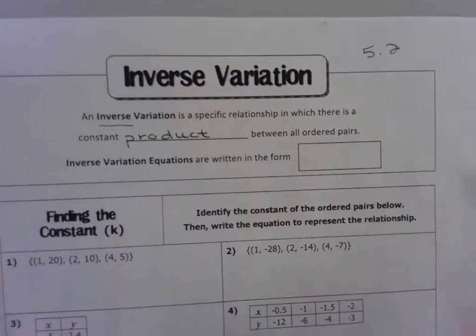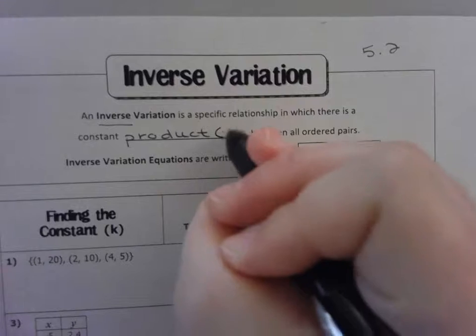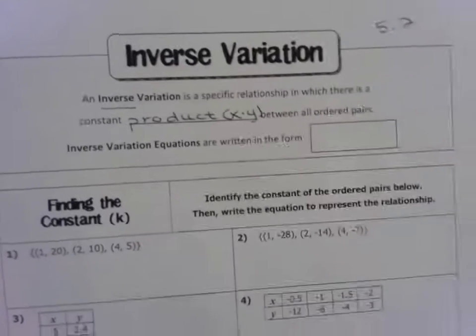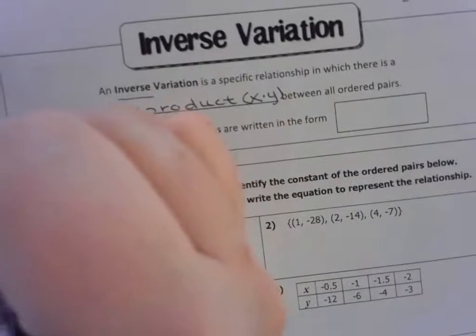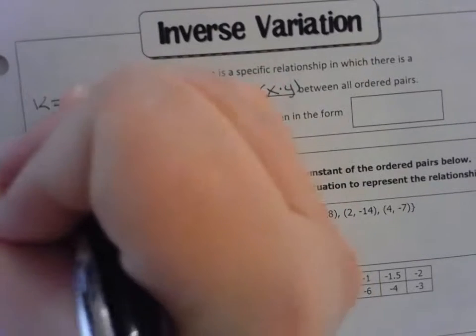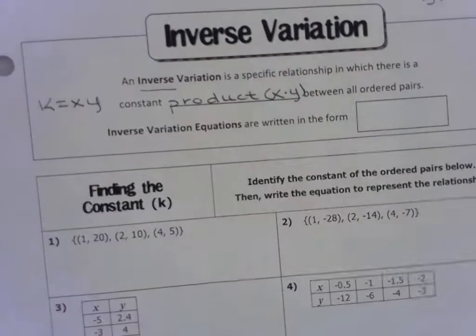Product means what? Multiplication. So it's going to be x times y. So my constant k, instead of being y over x like direct, it is the inverse, so it's going to be x times y. So it is the opposite of direct. Direct was y divided by x. Inverse is x times y.